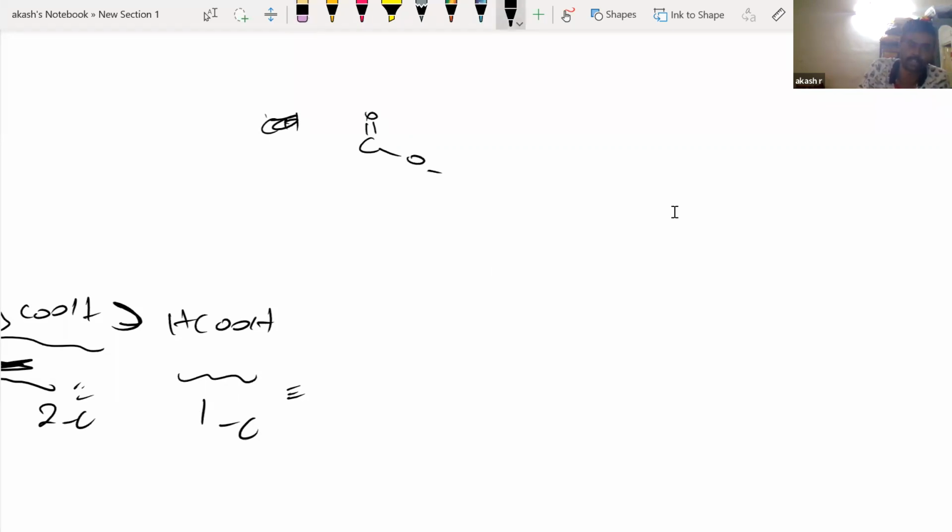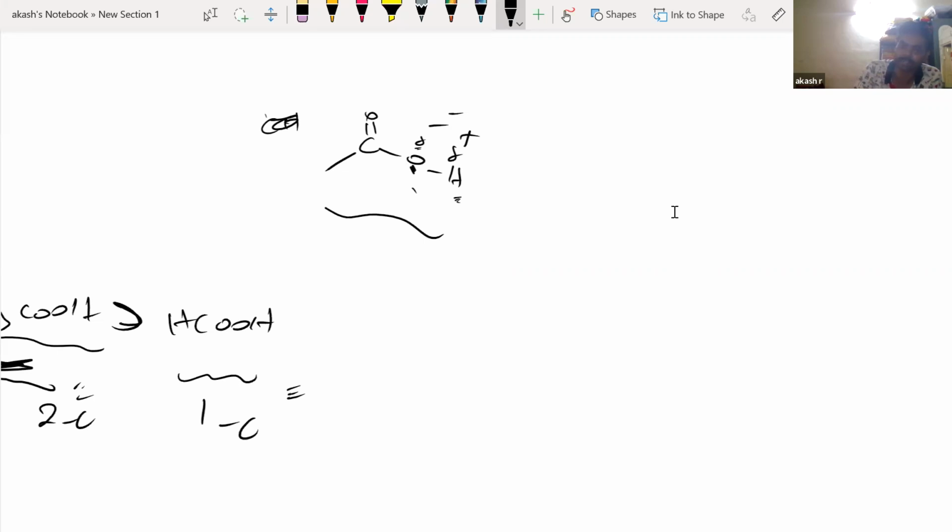This hydrogen is going to have a del plus and this oxygen a del minus because of the difference in electronegativity. The electron cloud will be more towards the highly electronegative element. Oxygen is more electronegative, so the electron cloud will be more towards oxygen. That's why it has a partial negative charge, and the opposite for hydrogen: the electron cloud is moving away, so it has a partial positive charge.